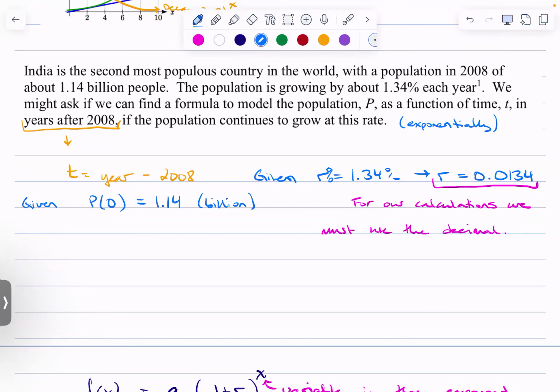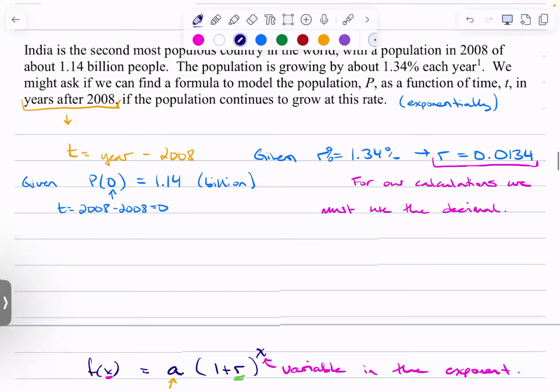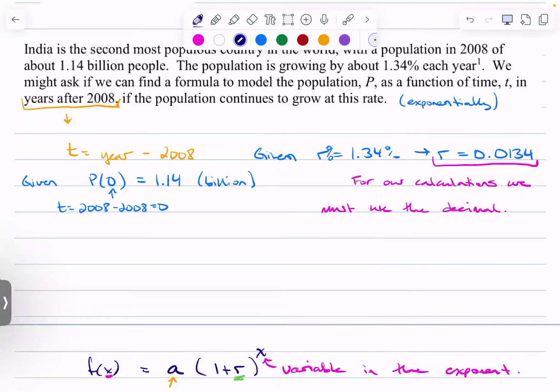I'm going to drop the billion because that's crazy, and then just add the billion back once I have a population. Here, t equals 2008 minus 2008, which is equal to 0. And so in 2008, the population size was 1.14 billion. Billions, nuts.